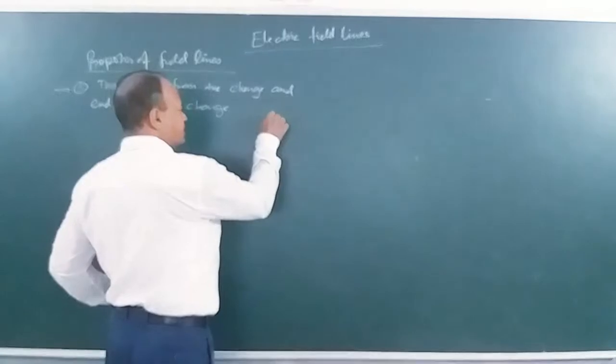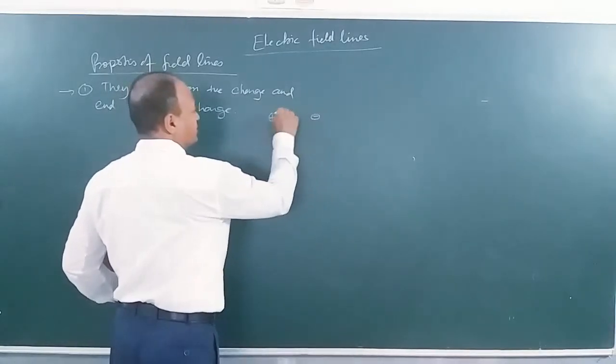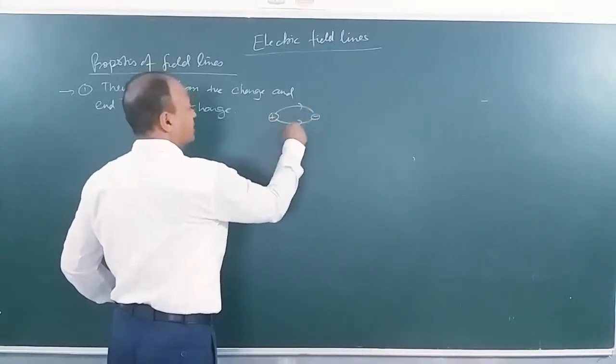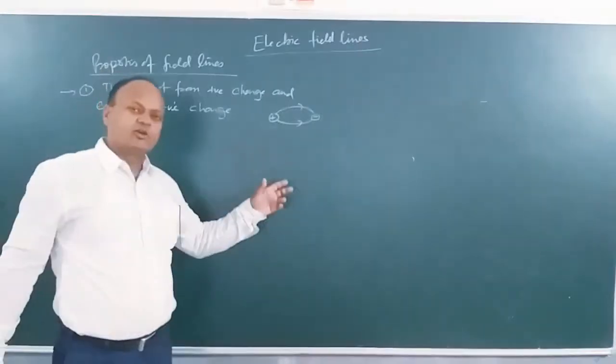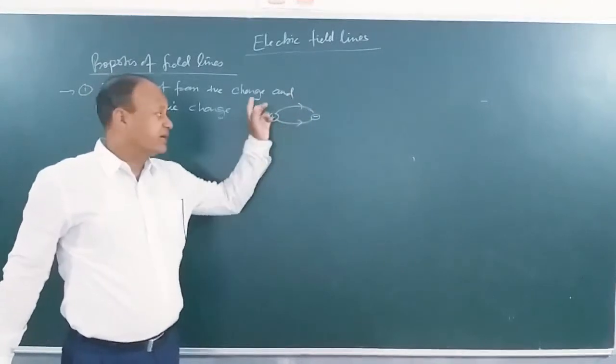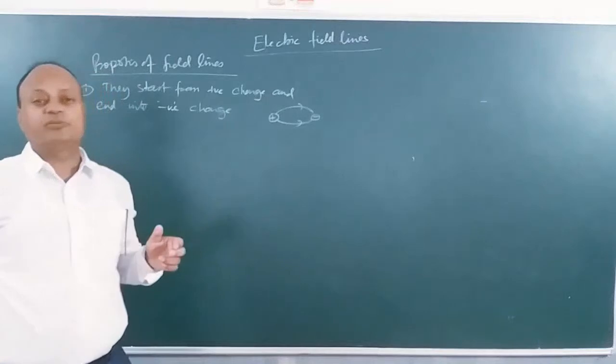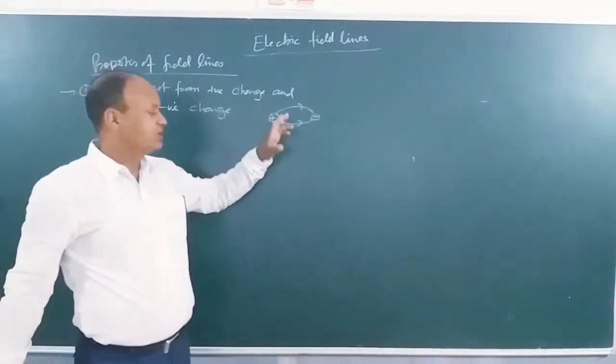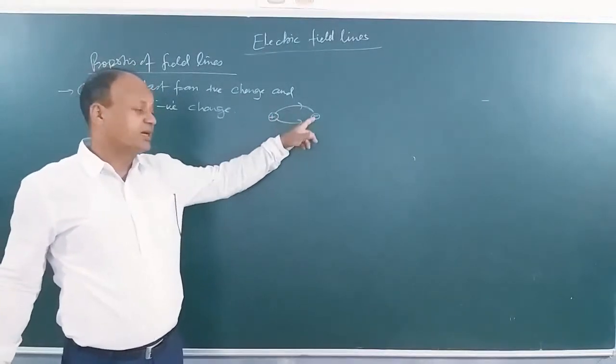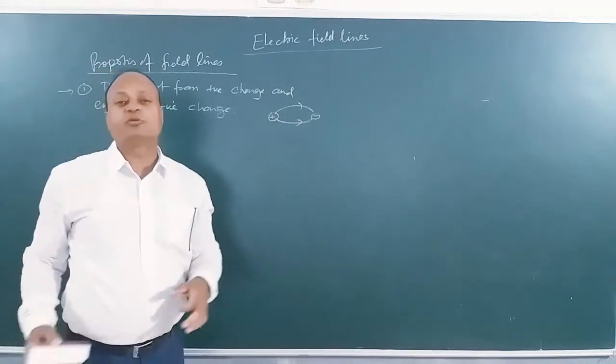If I have positive charge here and negative charge here, this is how they go. So you can see that they maintain continuity, they start from one area and end in another. These lines are not closed, starting from here and ending here. So they do not form closed loops.